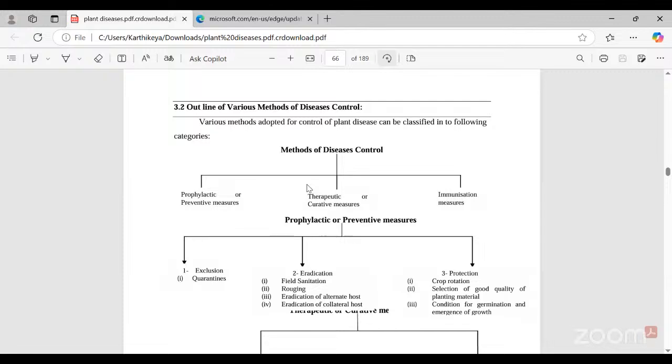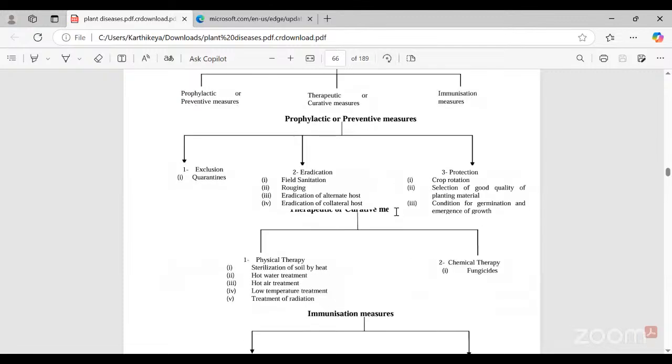Various methods to control plant disease can be classified. First, methods of control: prophylactic or preventive measures; second, therapeutic or curative methods; and immunization measures.